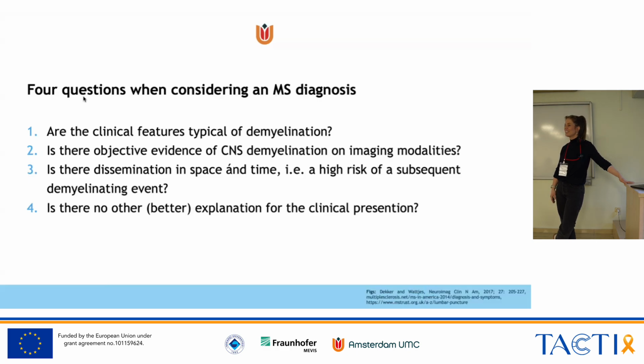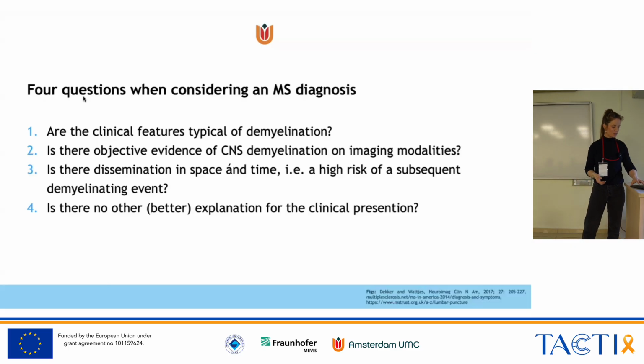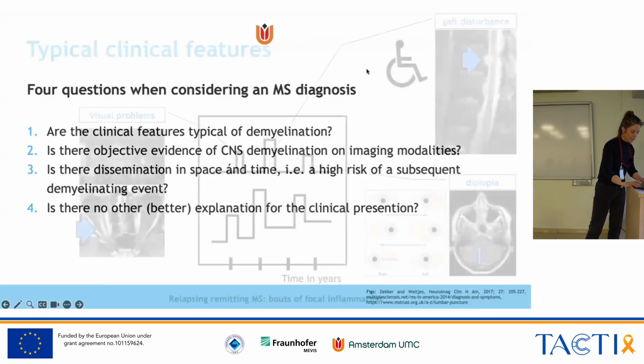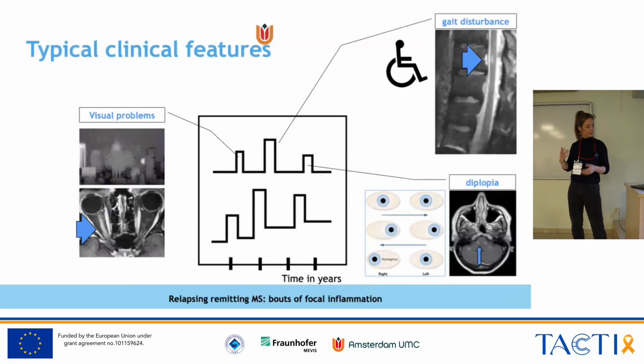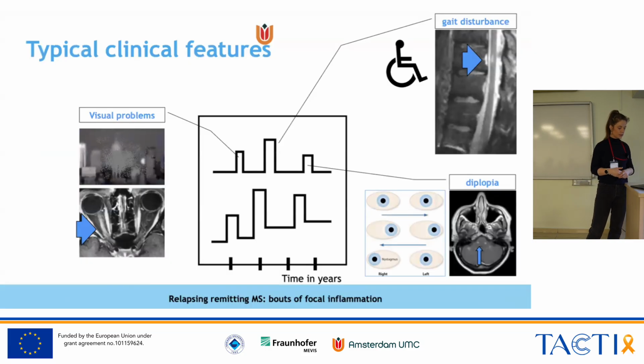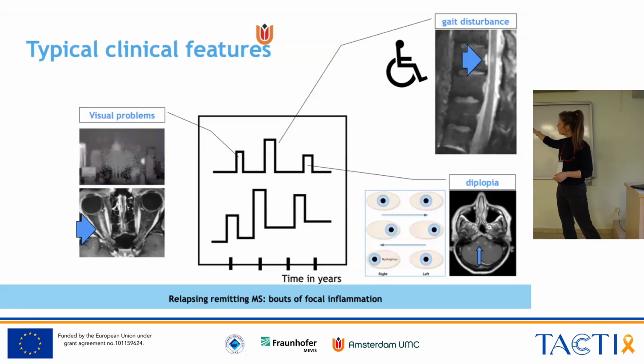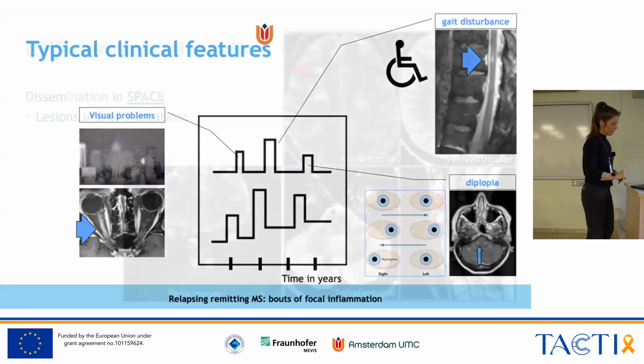Sensory problems, so tingling sensations, numbness, or sometimes a loss of coordination. And then you basically see this, remember? The typical clinical picture in an untreated patient, where you see multiple relapses over time in different systems, either recovering or not fully recovering.